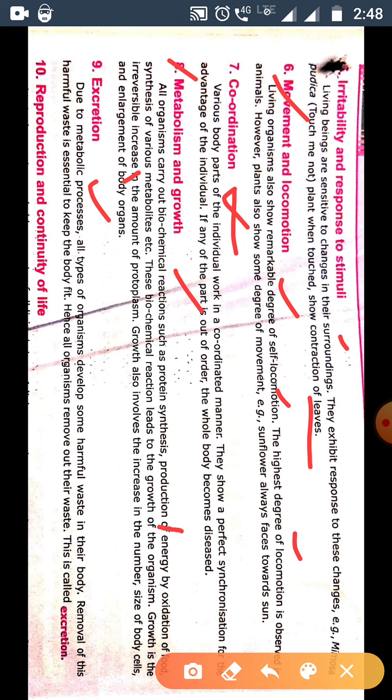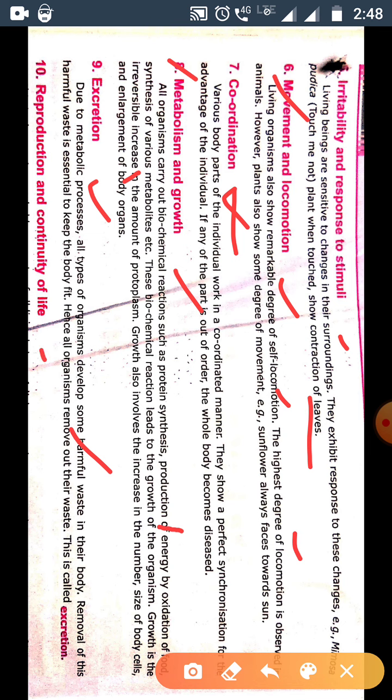So it is a must to excrete the waste material, that is called excretion. For this process, various excretory organs are found in animals, that is kidneys, liver, and skin.